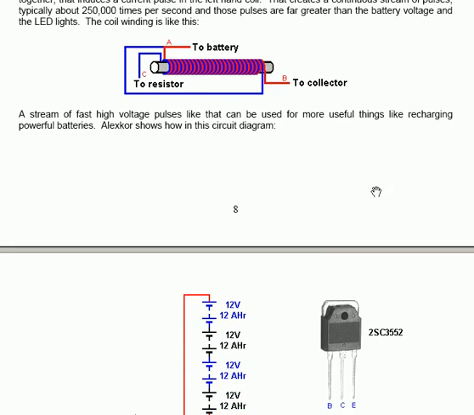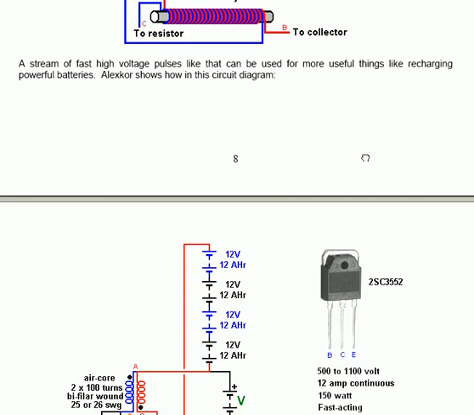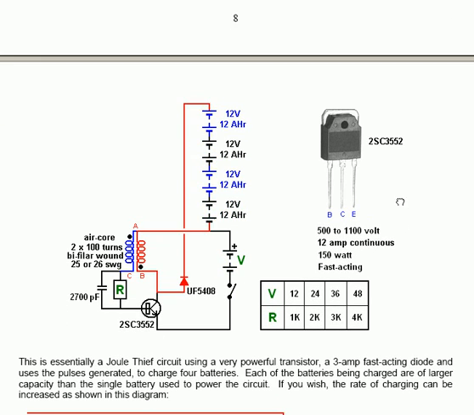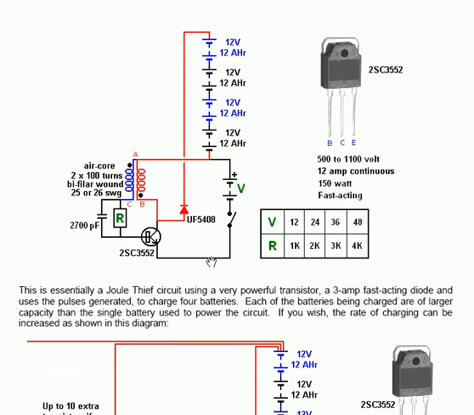Typically it's probably the white taped former shown in the earlier pictures, but those are connected to the collector of the transistor and through a resistor to the base of the transistor, and the output high voltage spikes are fed through a UF5408 high speed 3 amp diode through to a row of 4 batteries which are connected to the plus of the drive battery. The drive battery powers the circuit.